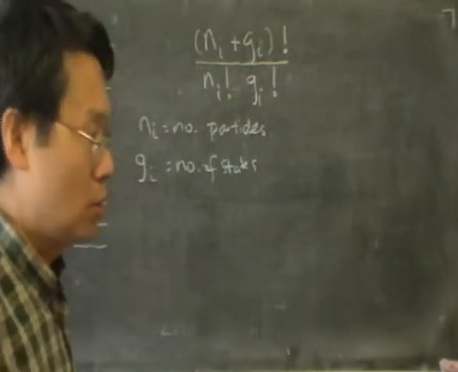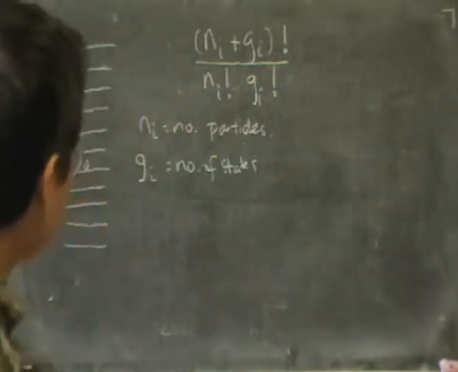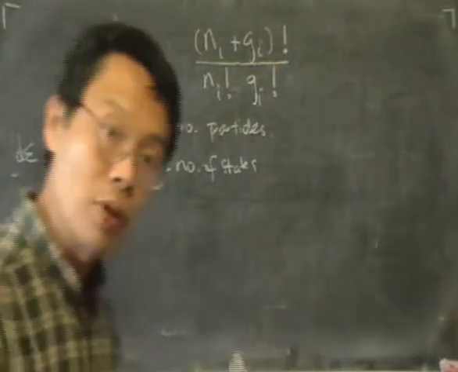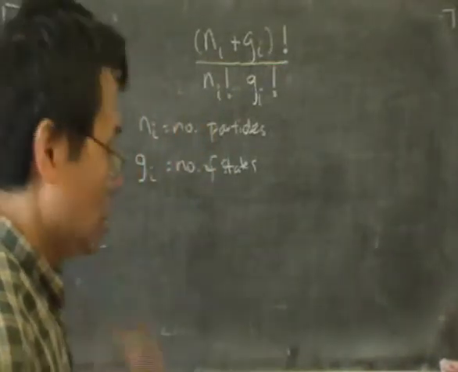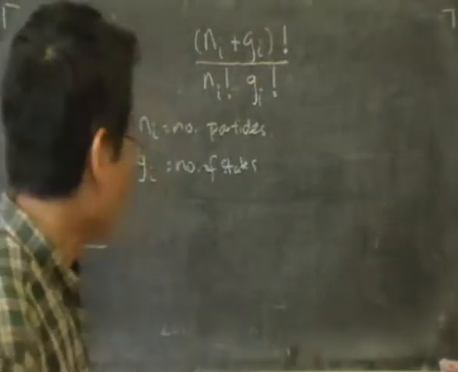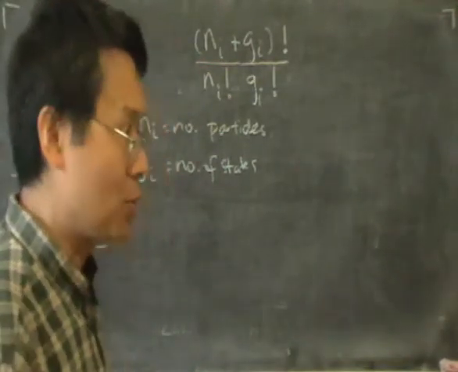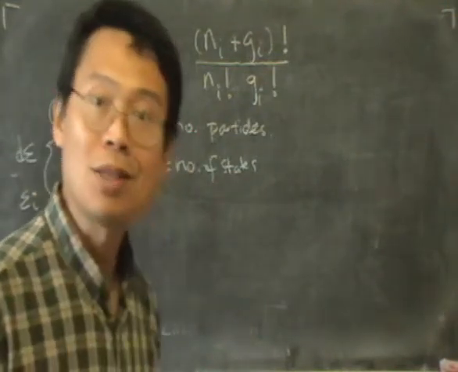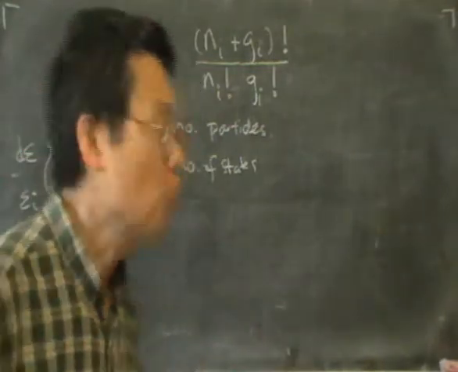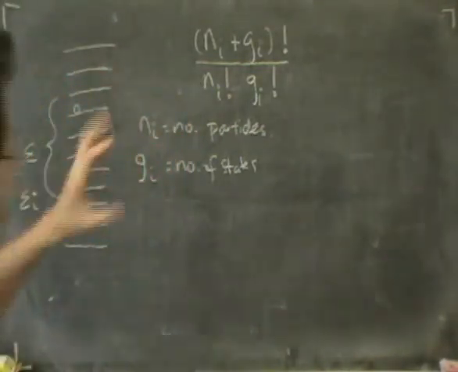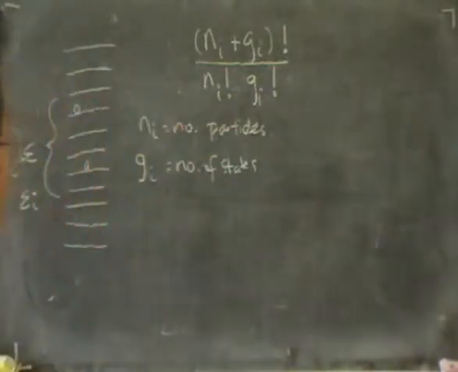Because they are located in different places, we can know that they are different particles. But in this case, because the particles are moving around in an ideal gas, there is no way to tell between the particles. If you blink your eye, the particle would move to another place, and when you open your eye again, you can't tell which is which. So in this case, we're dealing with indistinguishable particles. That's why we need a different way to calculate the number of arrangements.